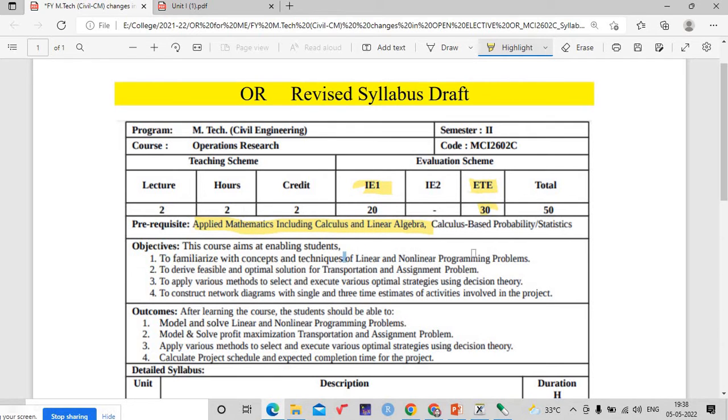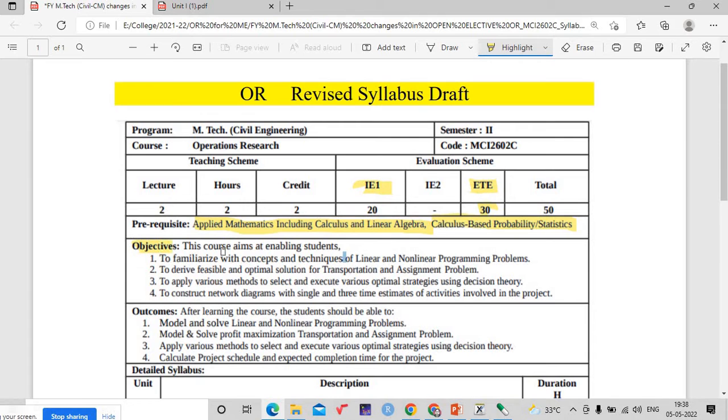Means it is just the part of what you learned in your M1, M2 and M3. Probably from M3 we will be requiring only the probability and statistics part, which is also mentioned over here. Calculus based probability as well as statistics. So a bit of linear algebra and probability statistics will be needed over here.